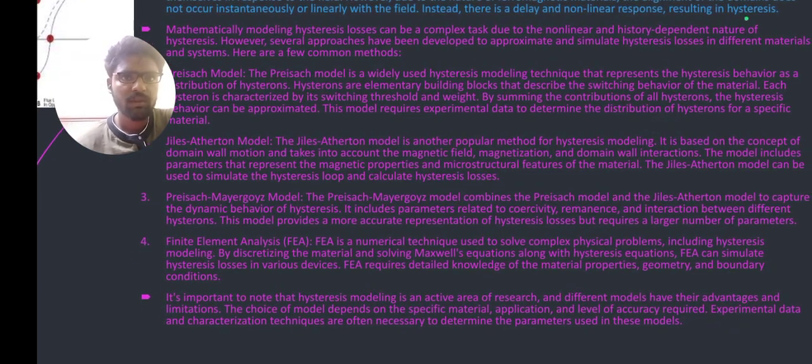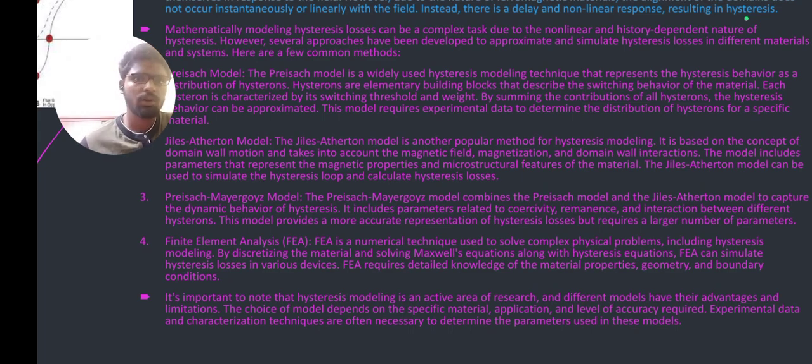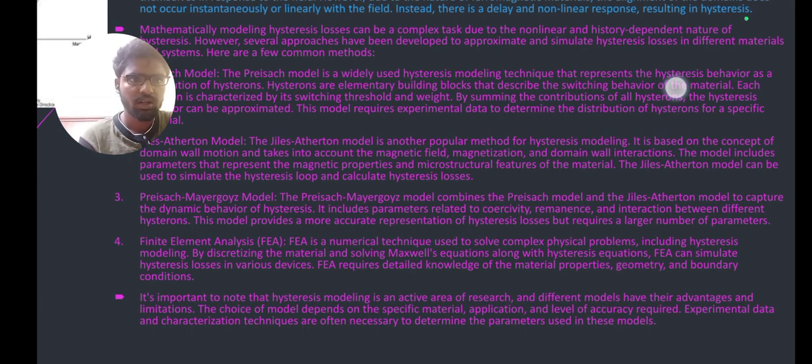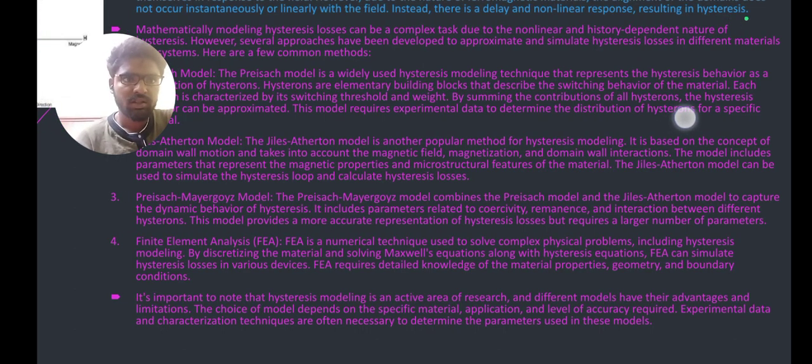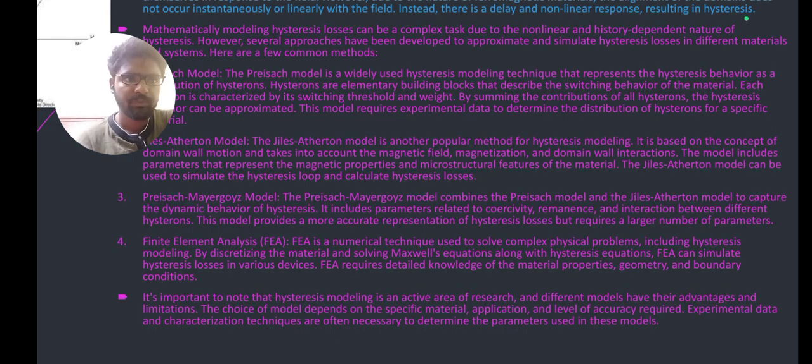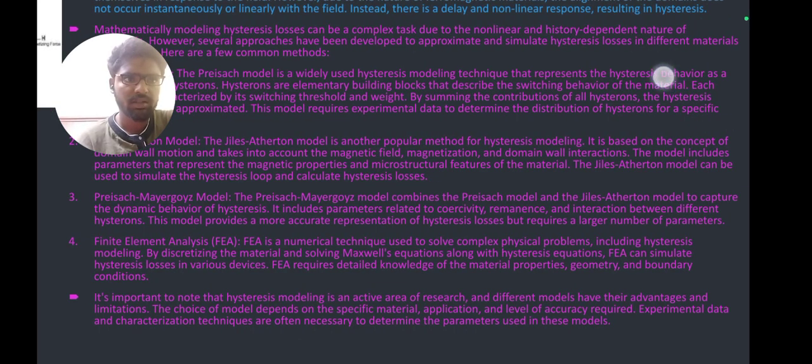Jiles-Atherton model. The Jiles-Atherton model is another popular method for hysteresis modeling. It is based on the concept of domain wall motion and takes into account the magnetic field, magnetization, and domain wall interaction.